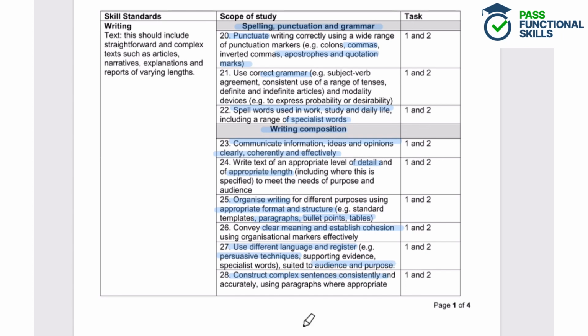So that means that we need to think about how to add detail to our sentences and include things like connectives and punctuation to make some longer sentences with multiple ideas contained within them. So now that you know how you will be marked during the exam, let's take a look at some questions and model answers to show you what you need to do.